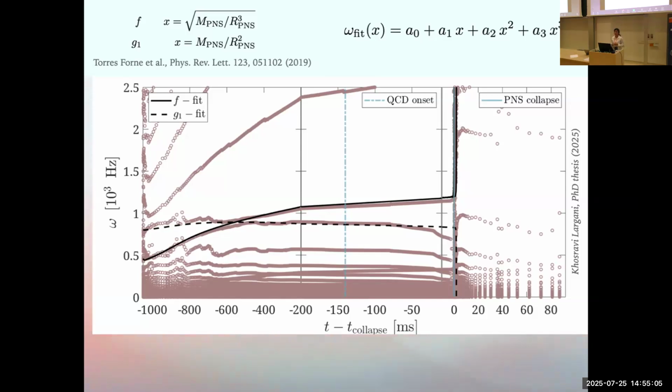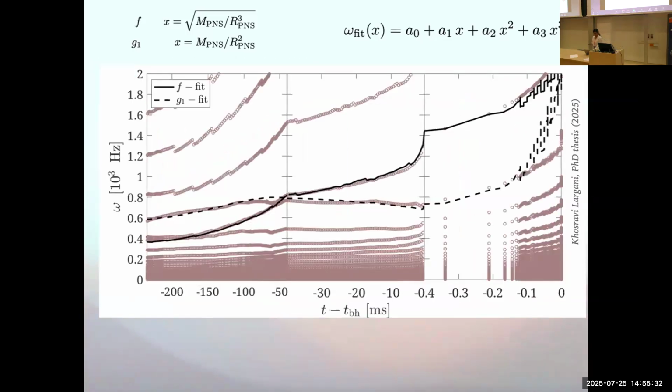What I also want to show here is that this dash-dotted line is where we have the first onset of QCD phase transition, when we have some off-center values of quark matter appearing in the star. However, as you can see, it takes around 150 milliseconds until we have the collapse and then the second shock formed, and of course the frequency at higher values. So this is not happening in a fraction of a millisecond.